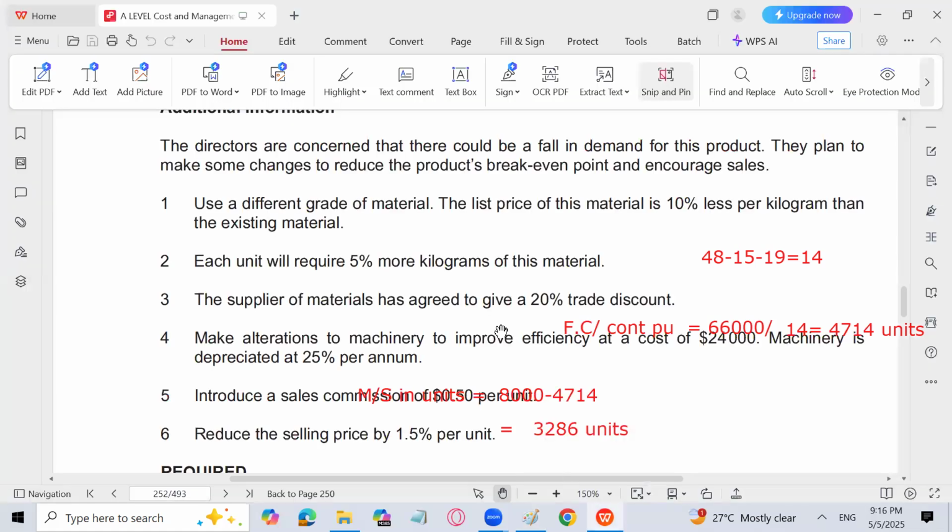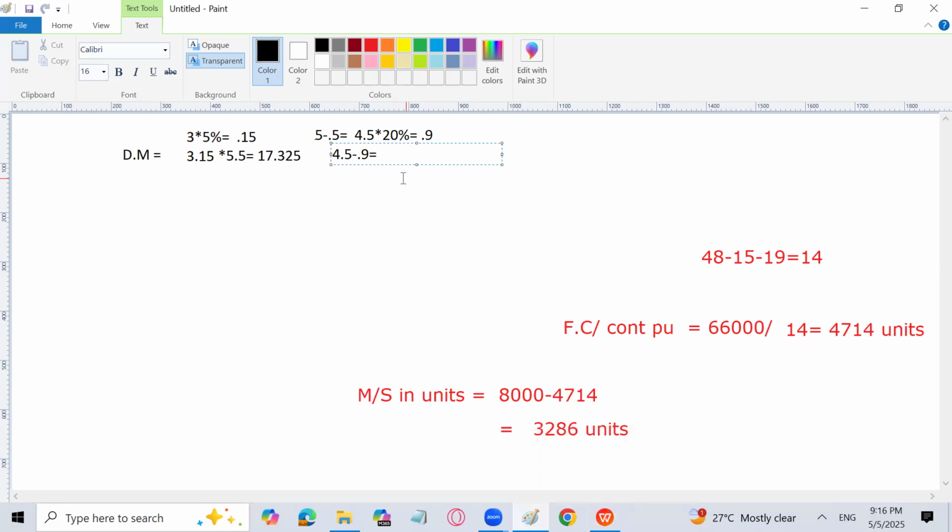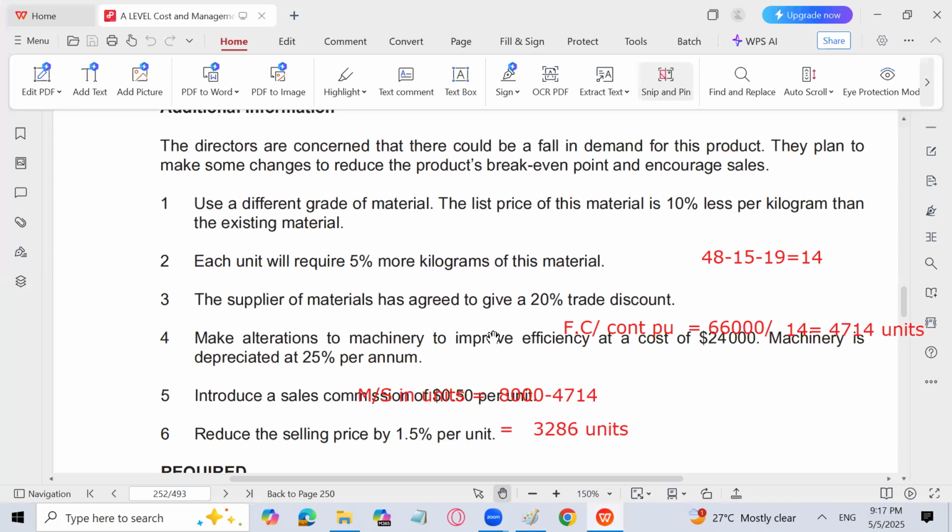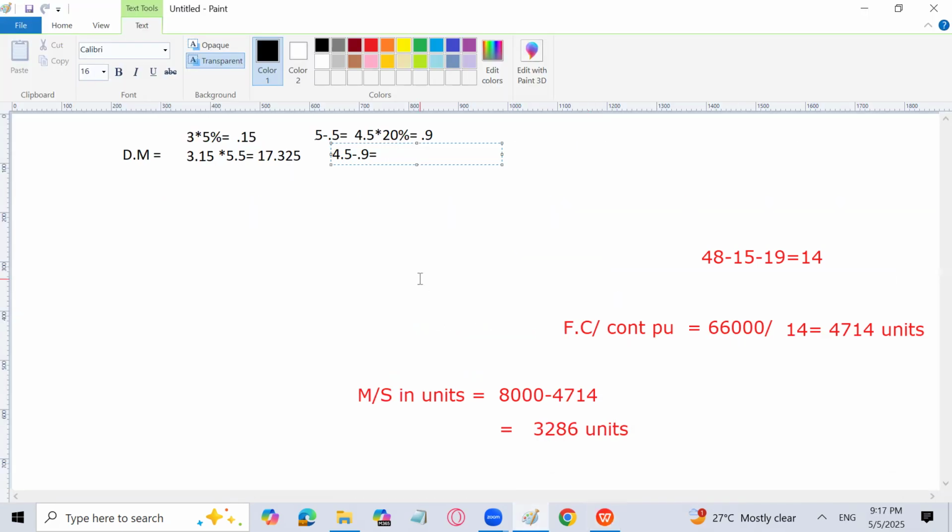He's saying that the list price of this material is 10% less per kilogram than the existing material. So the list price of this material is, oh sorry, 5, and 10% of this is 0.5. So now the price is 4.5, but the supplier is also giving 20% trade discount. So we can take a discount of 20% more, which is 0.9.